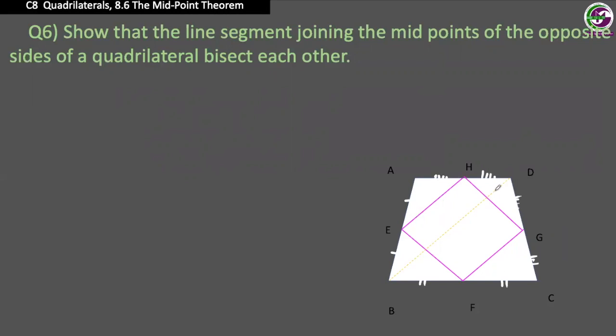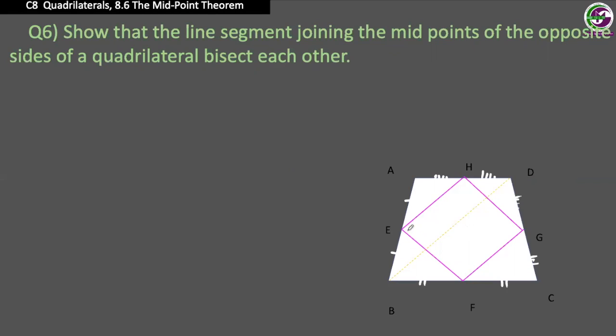Now, the main question is to show that the line segments joining the midpoints of the opposite sides of the quadrilateral bisect each other. Means the line joining E to G and H to F is cut into two equal parts. That's what we have to show.